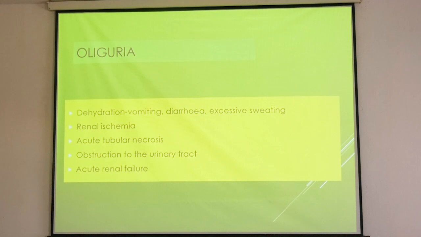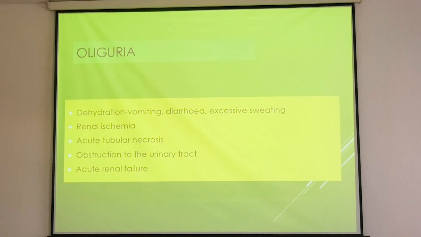Through inside that prostate, the urethra is passing. If it becomes big, it will constrict the urethra. So that's why the person is passing less urine, because he may be suffering from pain.